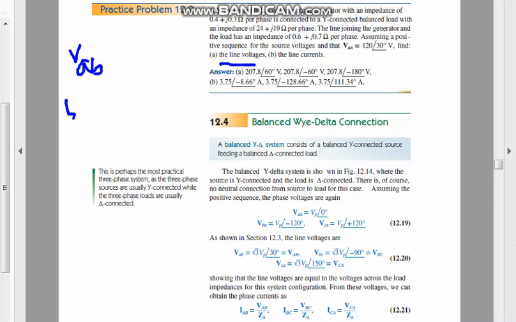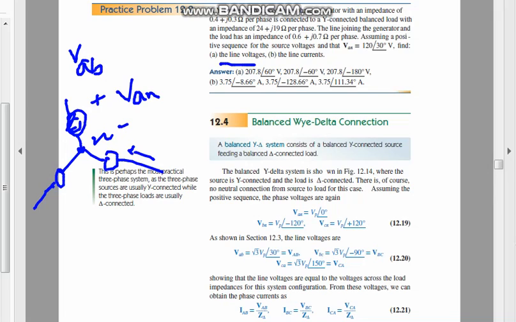If it is a Y connection, as I told you earlier, every voltage is 120 degrees apart, and that is VAN.